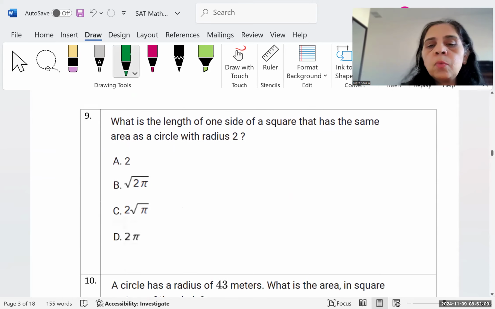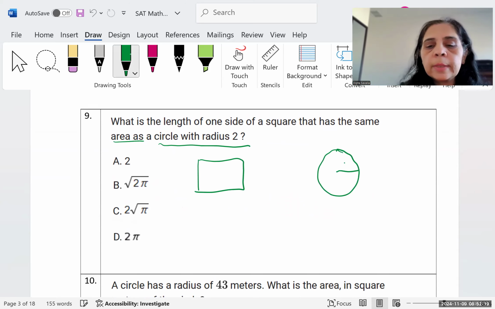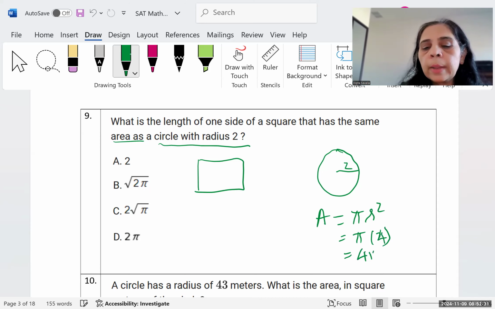Let's see number 9. What is the length of one side of a square that has the same area as a circle with radius 2? So we have one square and one circle with radius 2. Since the radius is given, we can find the area. Area equals pi r square, pi times 2 square, which is 4, so 4 pi.